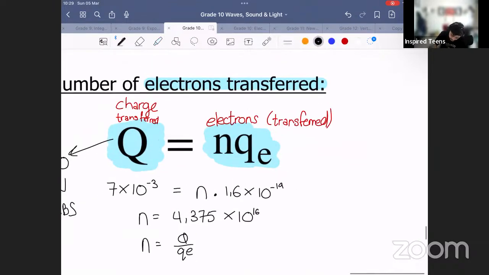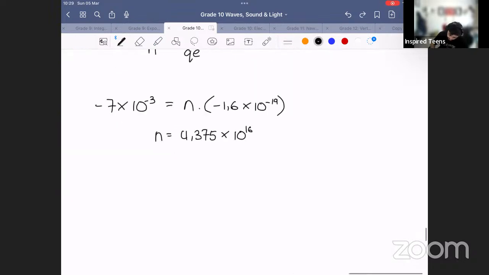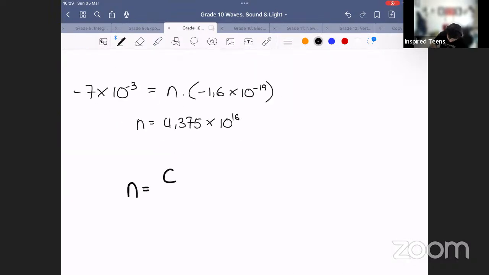Remember this, very importantly, I mentioned that these need to match. So I'm going to show you a simple explanation of that. I'm going to rearrange it and say N is equal to Q over QE, where I'm calculating the electrons.